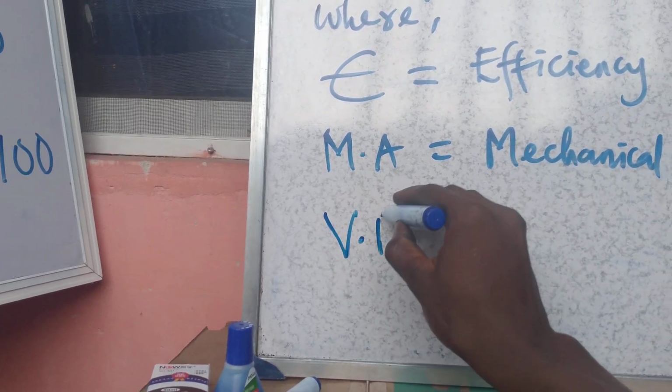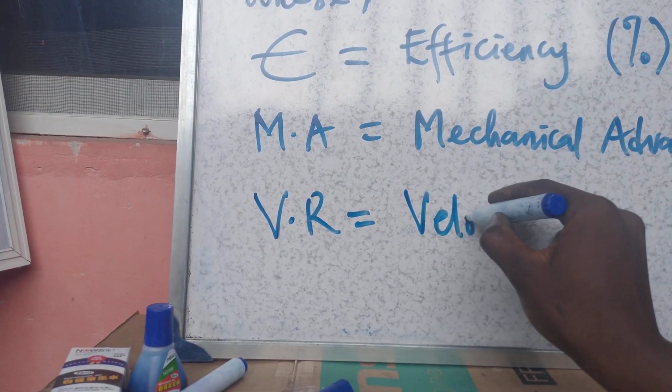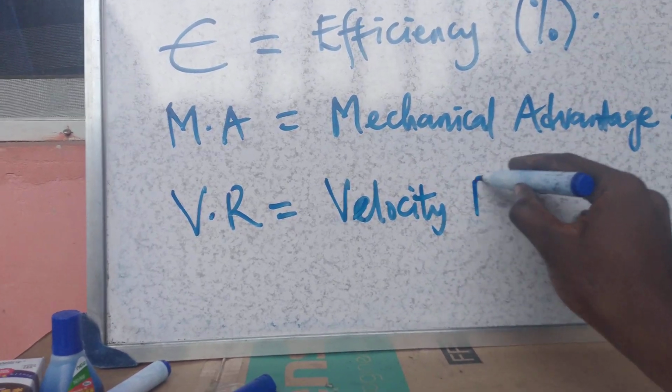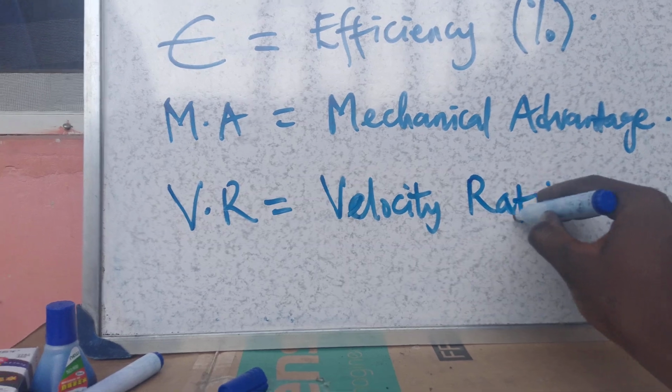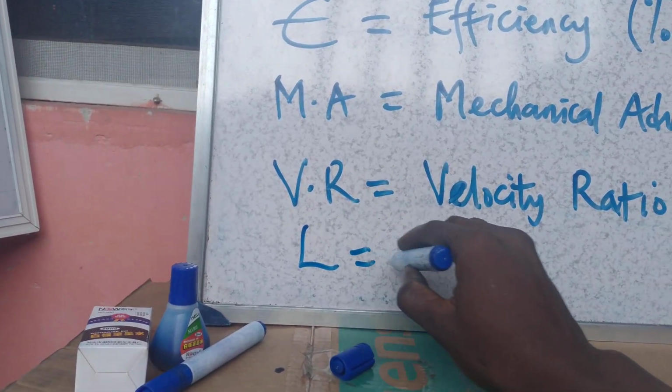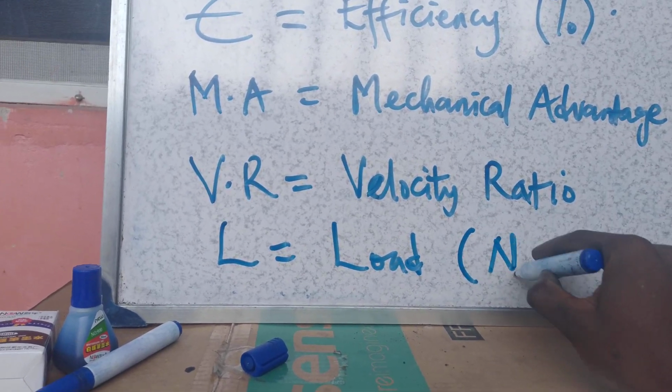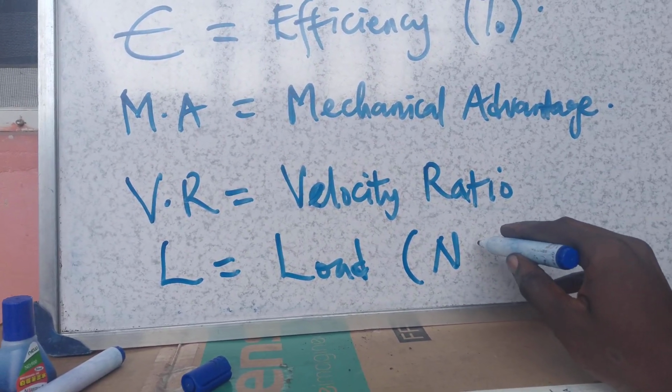Then VR is equal to velocity ratio. Velocity ratio also does not have an SI unit. Then L is equal to load, measured in newtons.